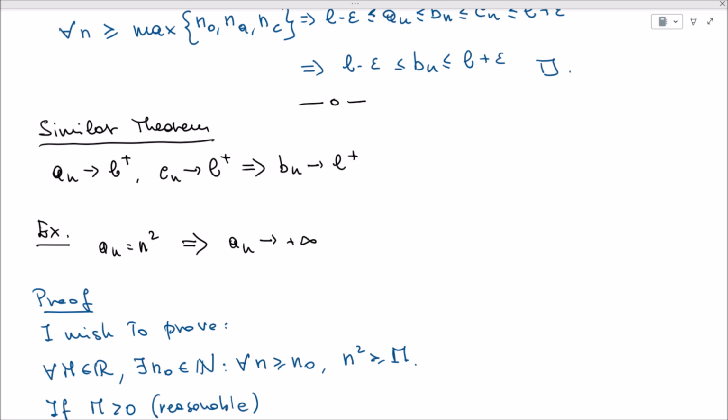Because we know that when we look at the sequence which is divergent to plus infinity, we'll tend to consider very positive barriers.